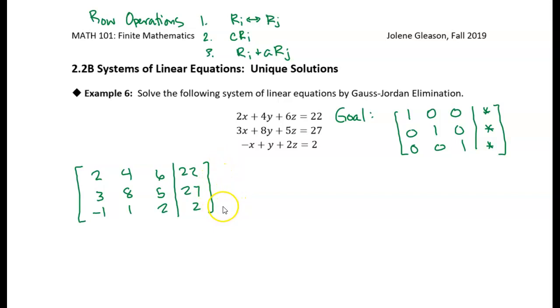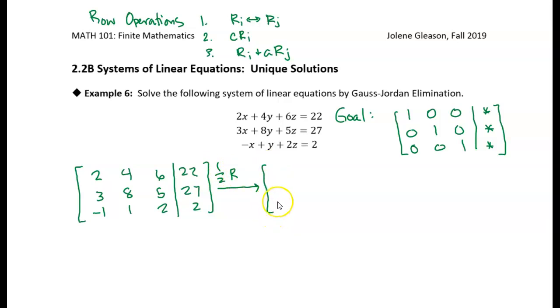And the next thing we need to do is figure out a way. I'm going to, again, work column by column, and I want this first column to look like the goal, 1, 0, 0, right? So what can I do to get a 1 in the upper left-hand corner? Well, first thing I notice is that I can divide all of these numbers by 2, right? These are all even numbers. So I'm just going to start by taking 1/2 of row 1, okay?